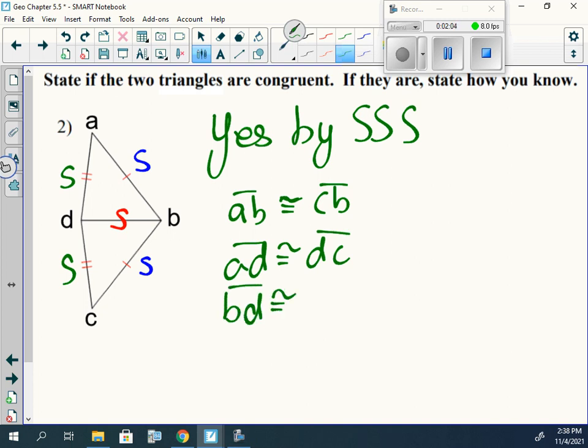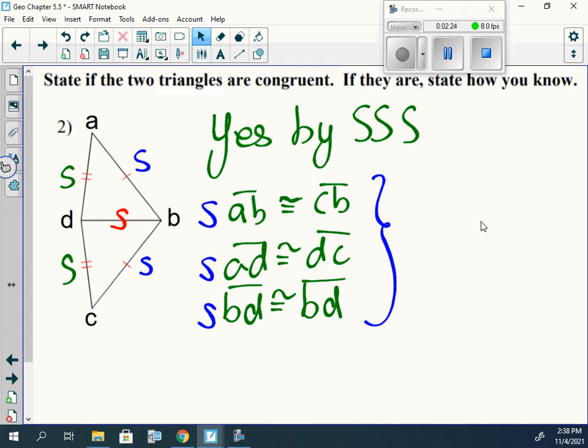This right here would be the proof, because you're just justifying why we know that it is by side, side, side: I have three sets of sides that are congruent to each other, so the two triangles are congruent by side, side, side.